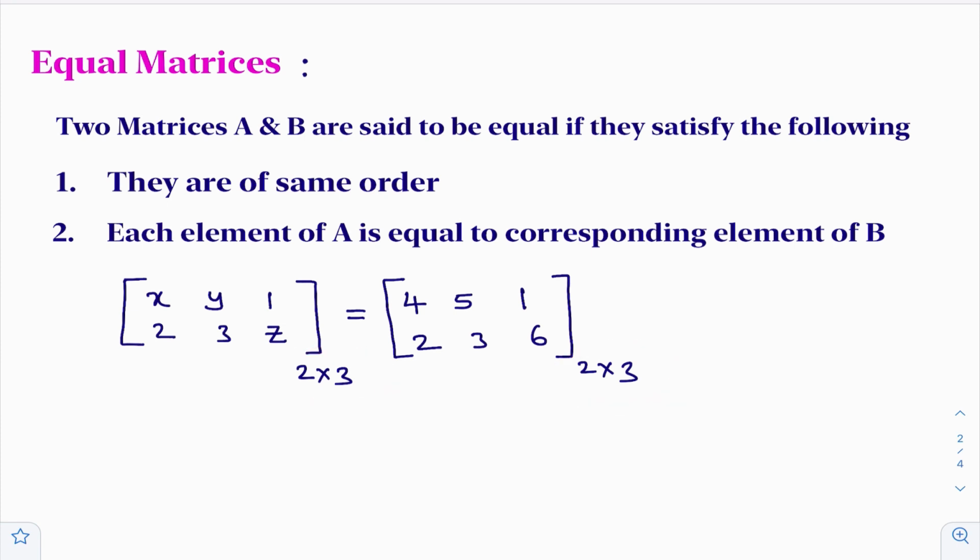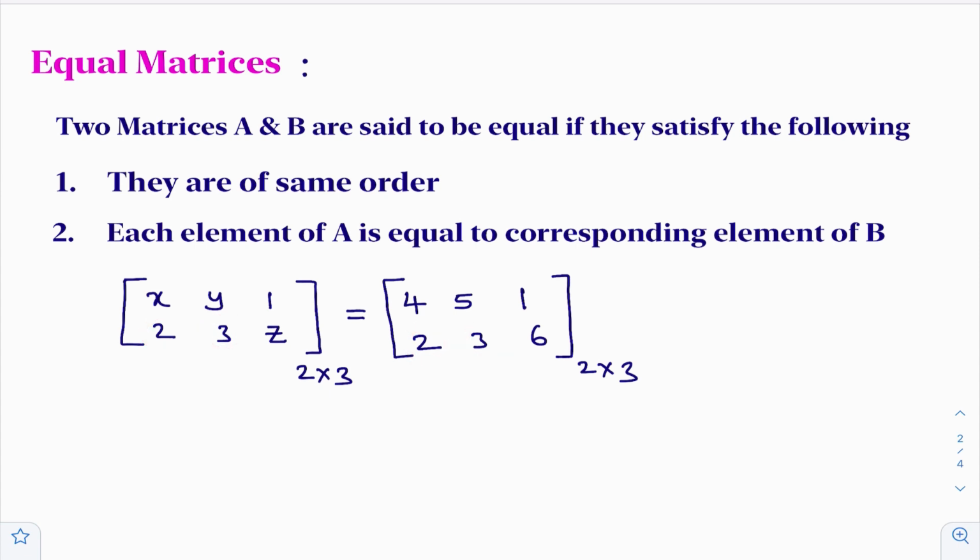Second condition: each element of A is equal to the corresponding element of B. This element is present in the first row, third column, and this one is also in the first row, third column. That means these corresponding elements are equal, and these corresponding elements are also equal.